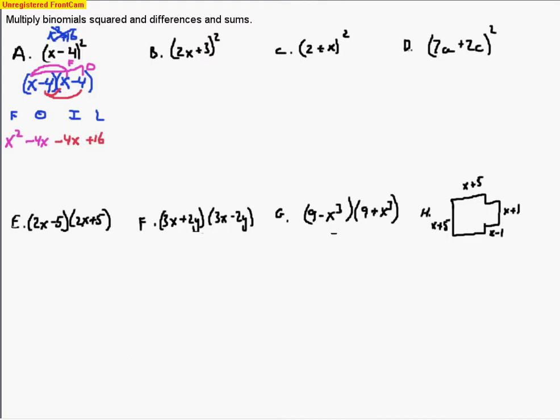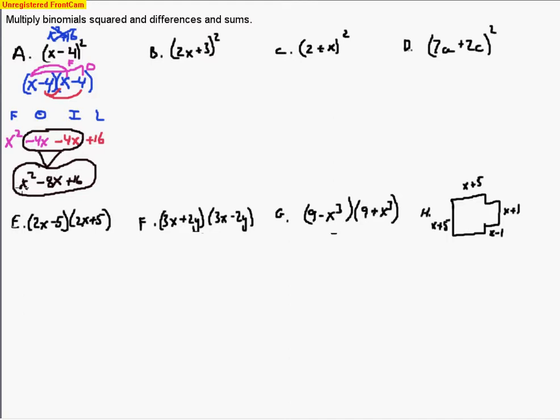So when we combine these numbers, what we see here is that the outer terms and inner terms are not going to cancel, but they're going to add together, because they'll always be the same sign when we have a binomial squared. So we're going to add those together. That makes a negative 8x, and then we bring everything else down, x squared and the positive 16. So a couple things to remember when we're dealing with binomials that are squared.